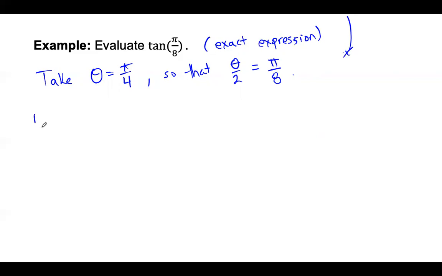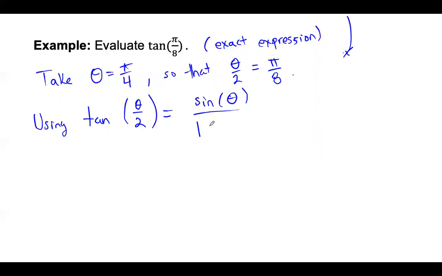Using tan of theta divided by 2 is equal to sine of our angle divided by 1 plus cos of our angle. Might be the easier one.